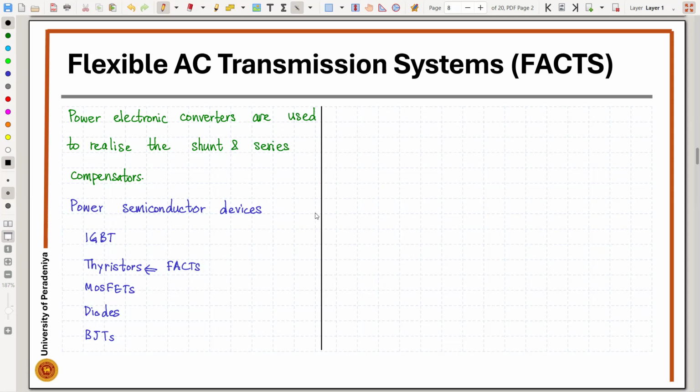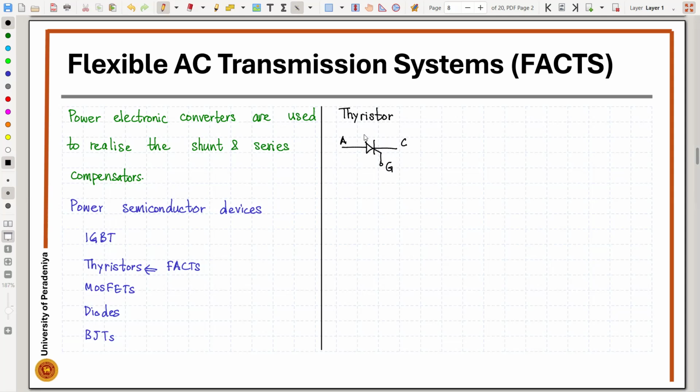A thyristor is kind of an extension of a diode. If we take the thyristor circuit, it's like this. You have the anode and cathode, and you have a gate. The gate will enable us to control the current flow of the thyristor.